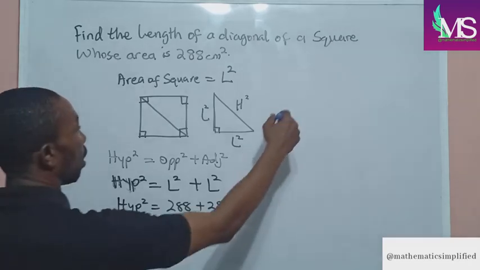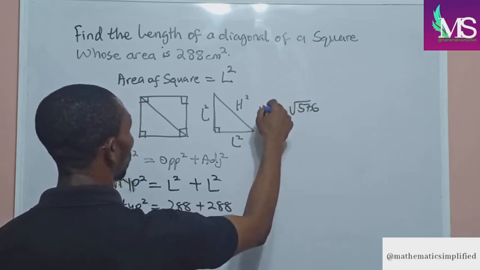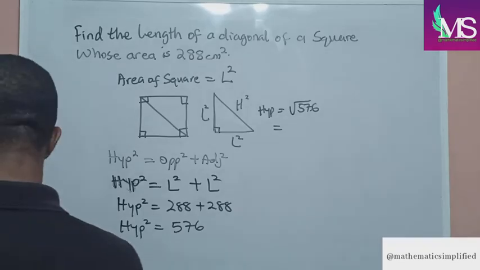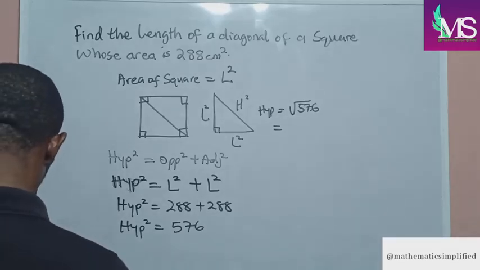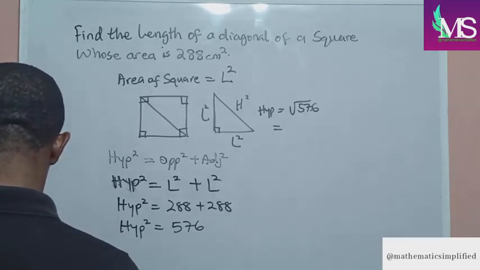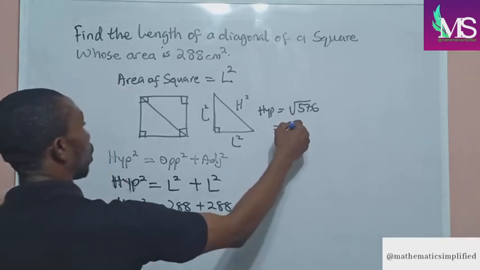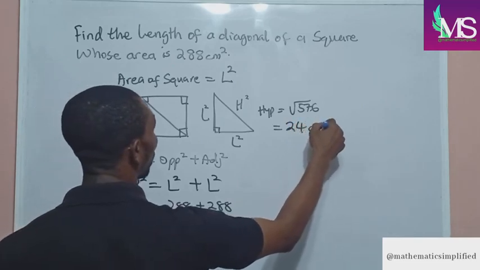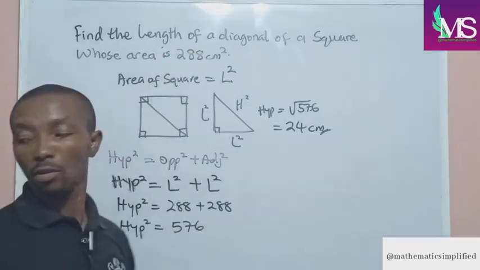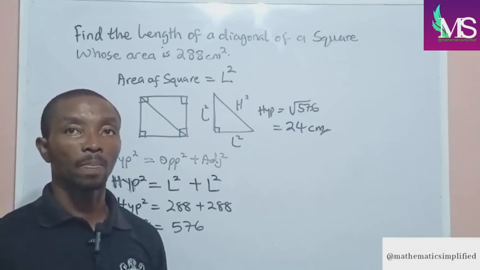Now, if we take the square root of 576 to give us our hypotenuse or diagonal, it would give us 24. So our hypotenuse will become 24 centimeters, which is the length of the diagonal. So the length of the diagonal will be 24 centimeters.